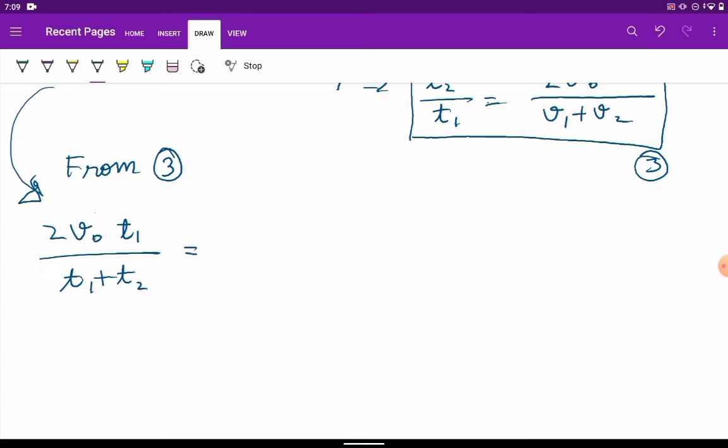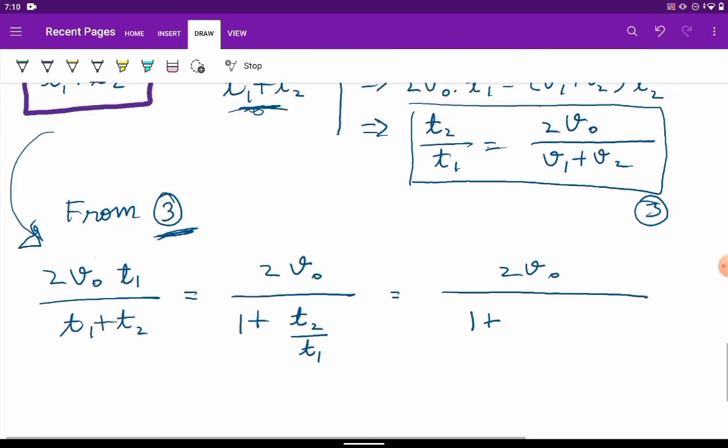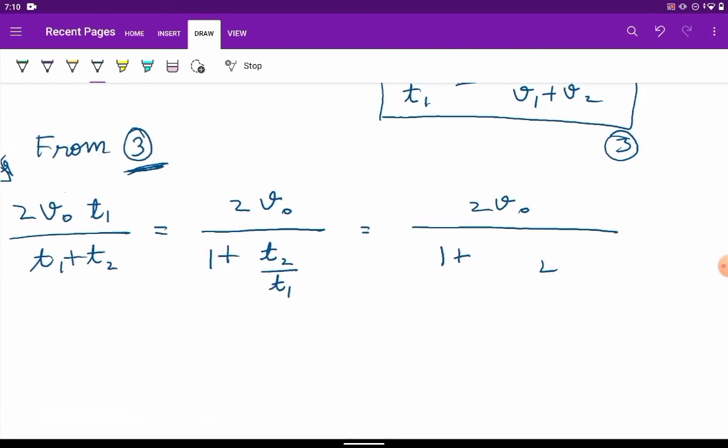Divide numerator and denominator by t1: 1 plus t2 by t1. From 3, what is t2 by t1? It is 2 v naught by v1 plus v2.